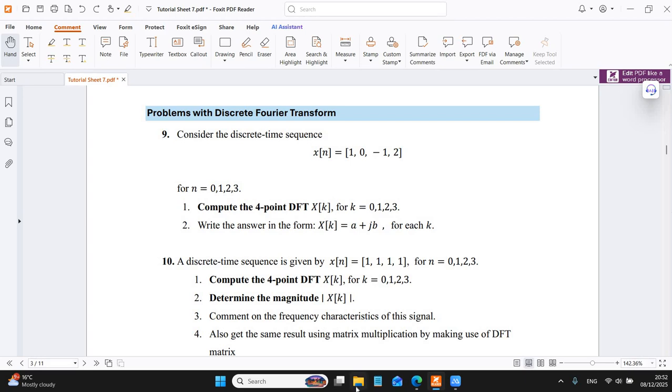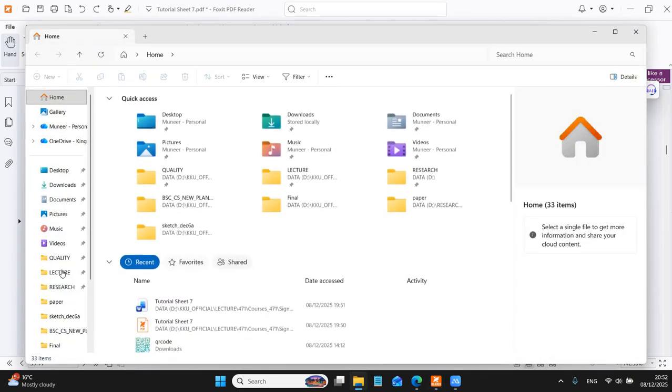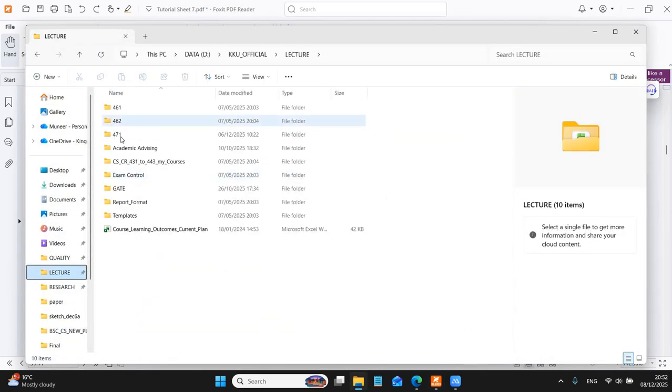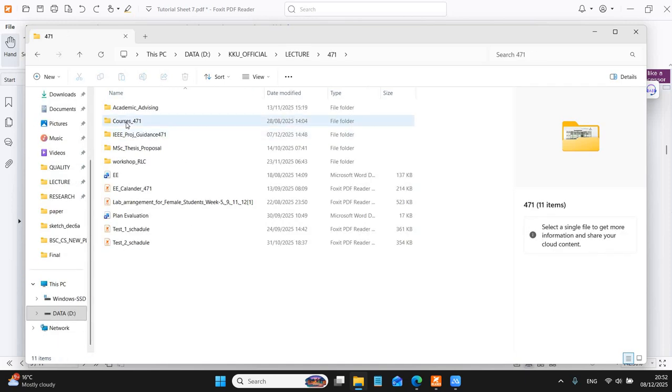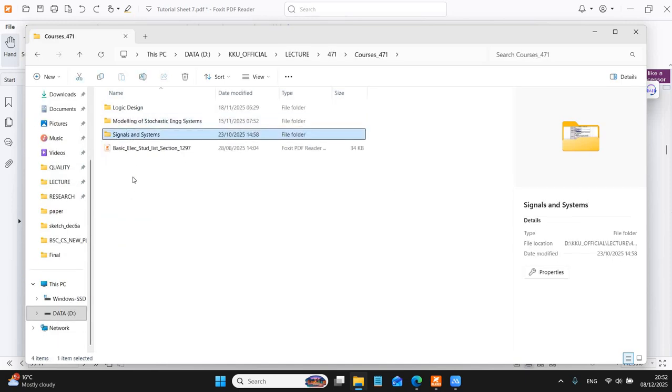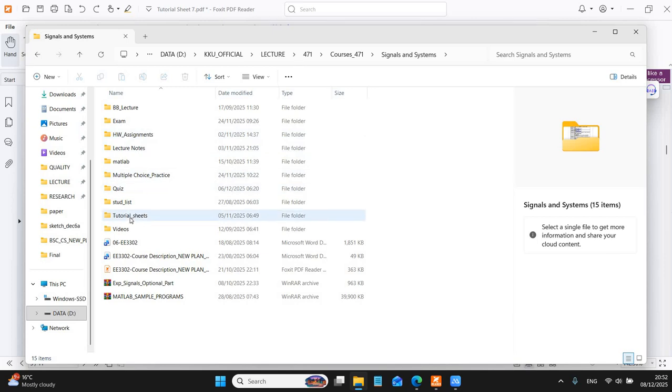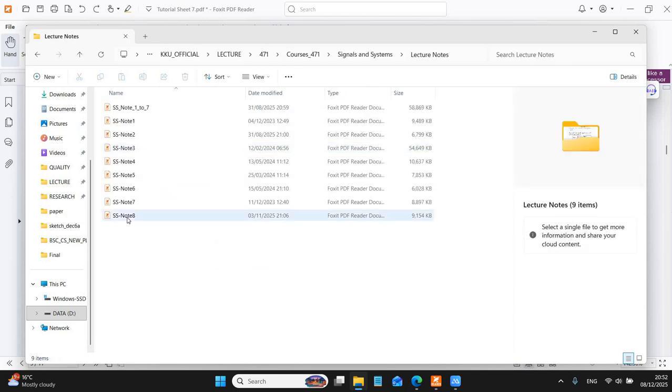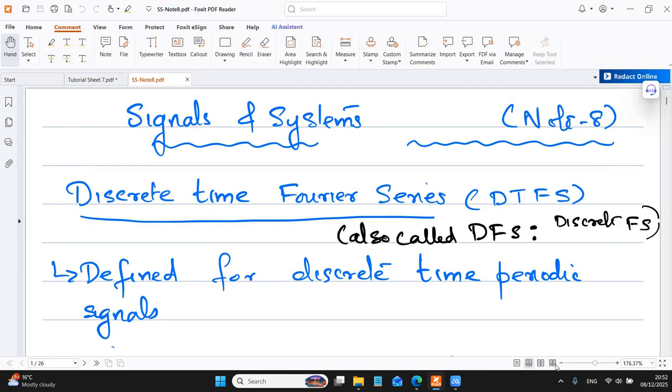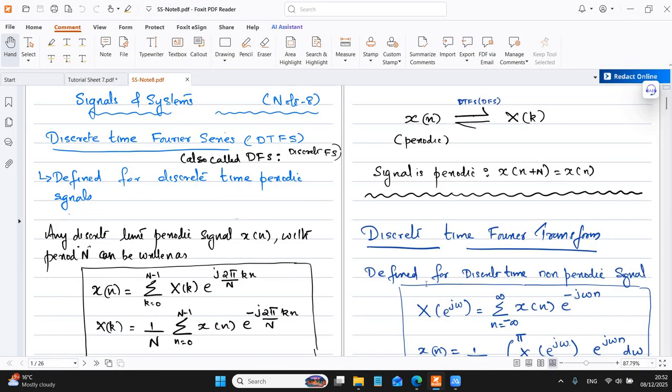I will show you one thing, just give me some time. In signals and systems, the lecture notes, the last lecture note, everything is mentioned clearly.